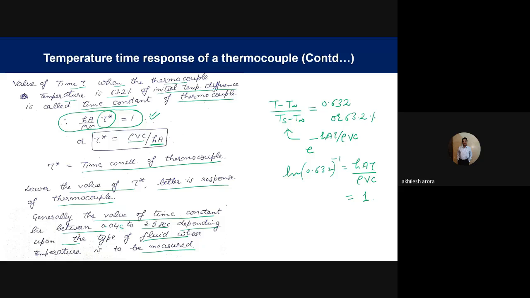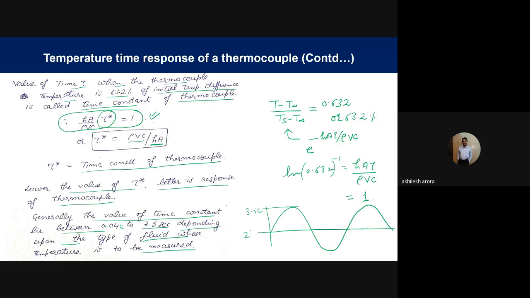For example, if we have a fluid whose temperature is varying periodically, for example, suppose it is increasing and then going down and then once again increasing and going down, suppose it is following this pattern, and any change in the temperature, say the initial temperature is 2 degrees Celsius and here the temperature is 3.5 degrees Celsius.